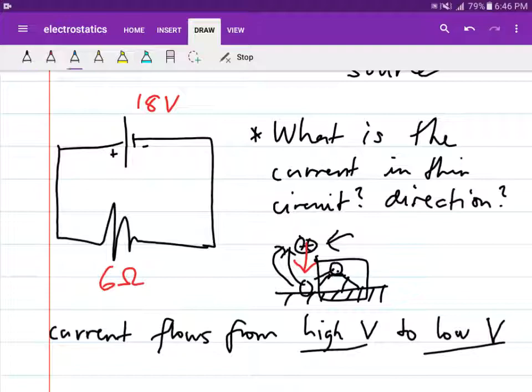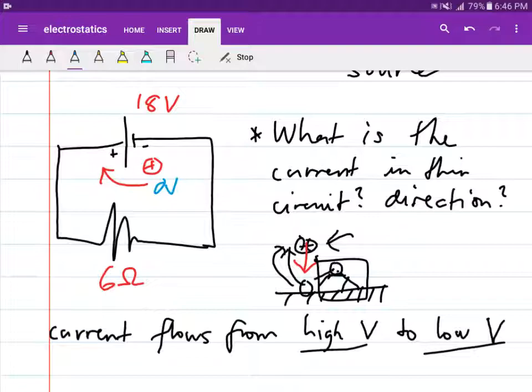So what this battery does is it moves not electrons, it moves the positive charges from low to high potentials. For example, this positive charge is sitting at, let's say, a potential of 0 volts.